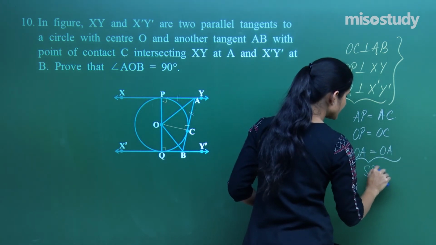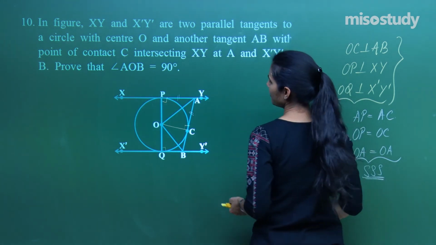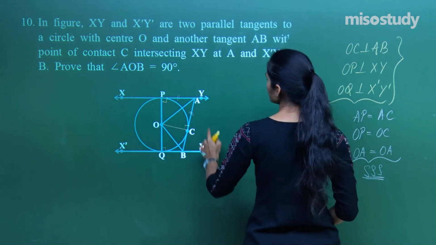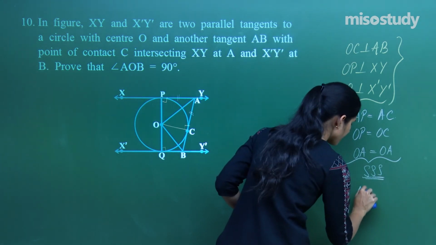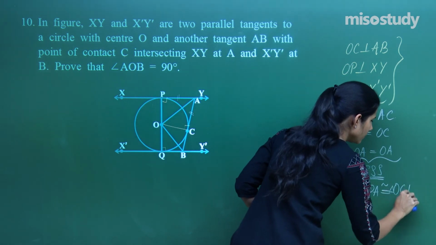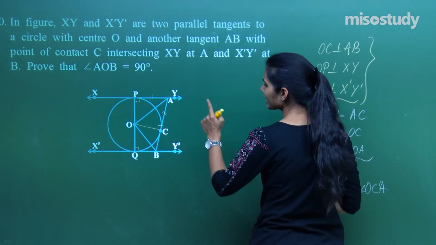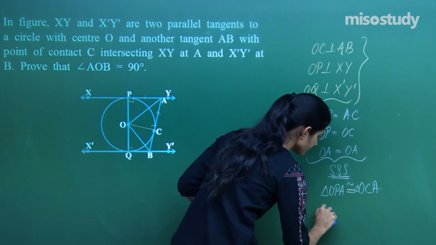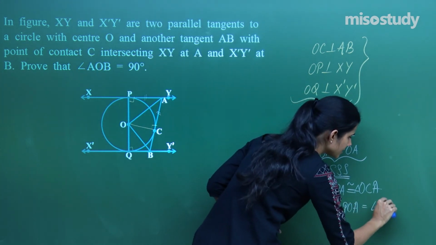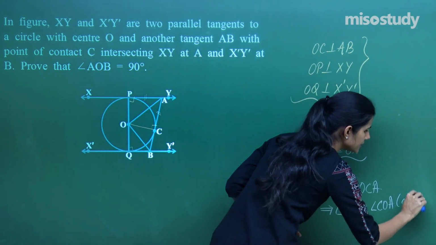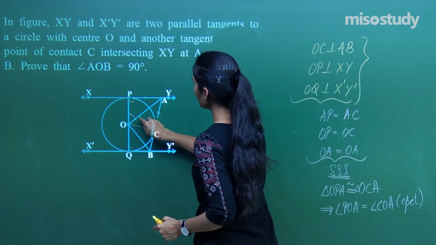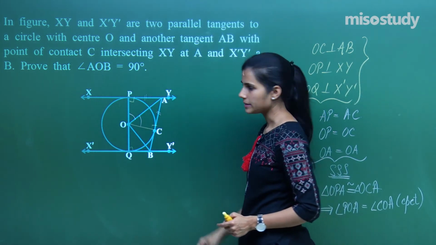So by SSS congruence rule, I have triangle OPA is congruent to triangle OCA, and therefore angle POA is equal to angle COA by CPCT.